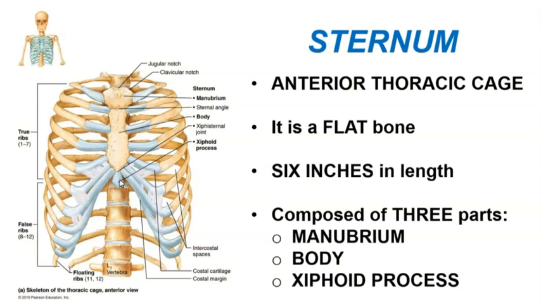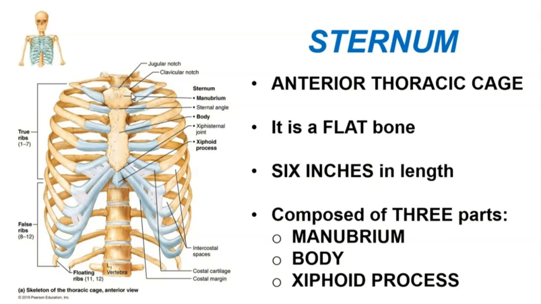It's composed of 3 pieces. These pieces are the manubrium, which is the superior part of the sternum, and going along with that necktie analogy, I think the manubrium kind of looks like the knot in a necktie. The manubrium's job is to support the clavicles, which you don't see here.